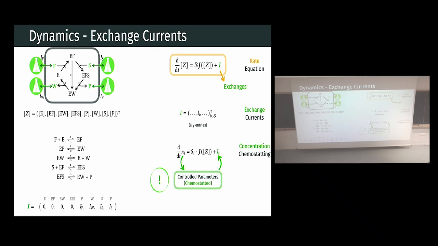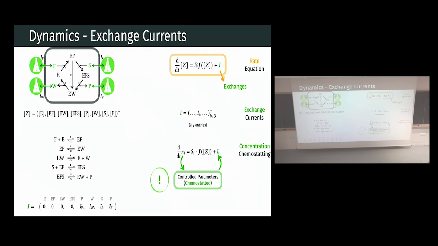All right. So the exchange currents become the processes balancing the variation in the concentrations due to the chemical reactions. So the reactions are changing the concentrations, like every time the first reaction occurs, F is consumed. But there are processes, we don't know anything about them, but there are processes balancing that variation and replenishing F every time F is consumed. Okay?